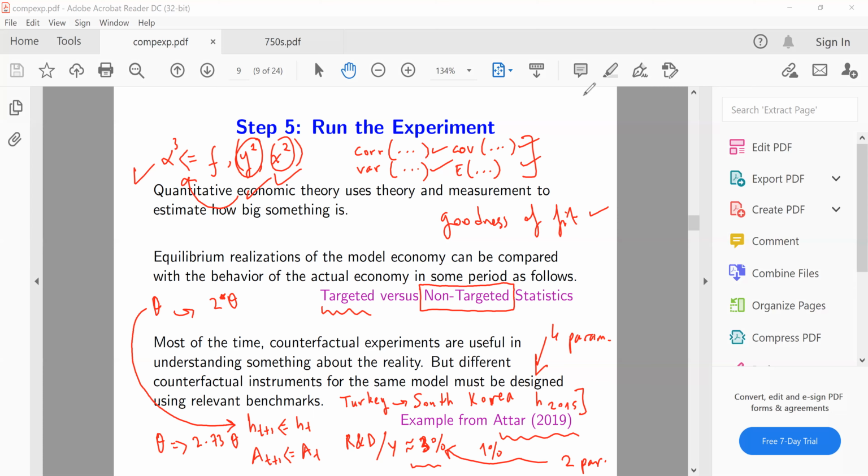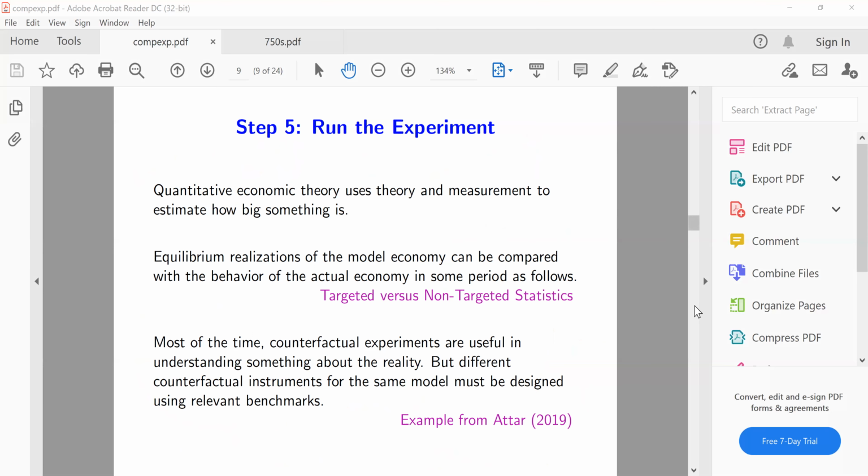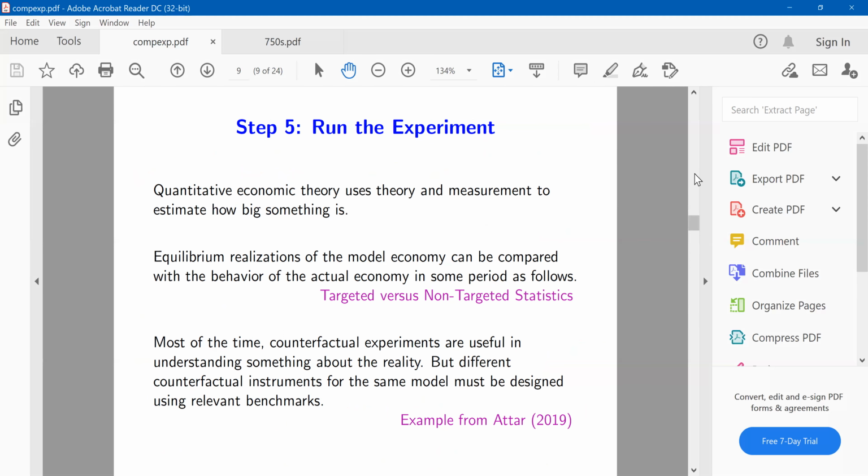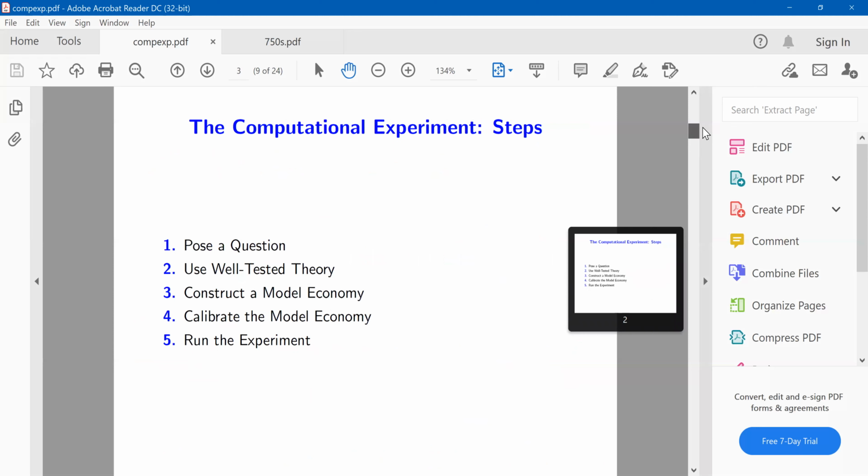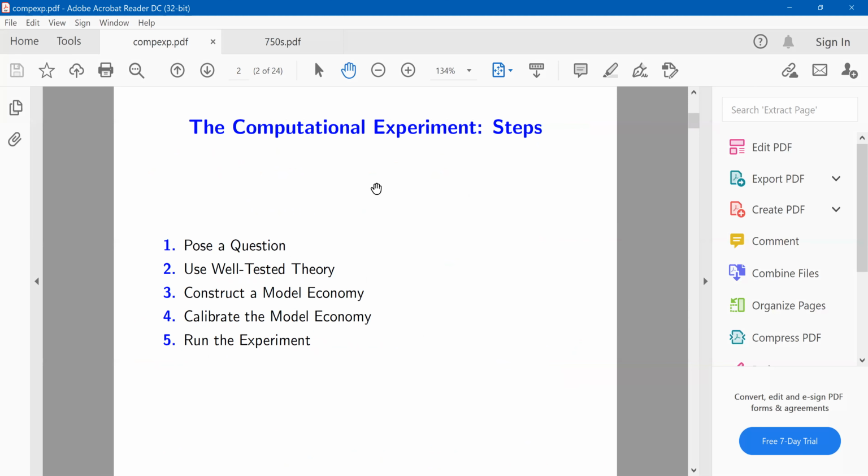So that's all for the counterfactual experiment. So again, let's remember the steps. First, you have the question.